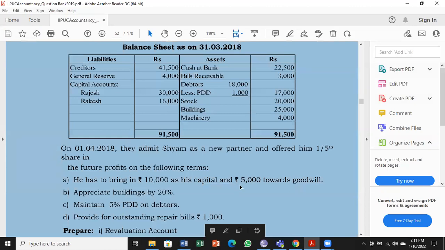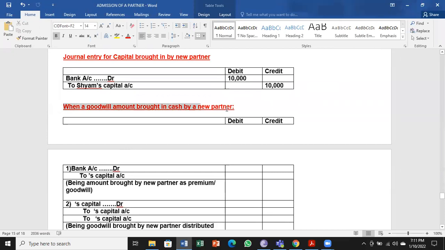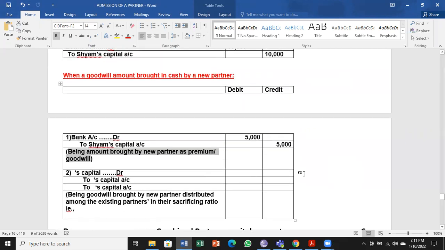So second entry, when goodwill is brought in the form of cash by the new partner: similar entry to the previous one. Bank account debit to Shyam's capital, 5,000 rupees, being amount brought in by new partner as premium or goodwill.